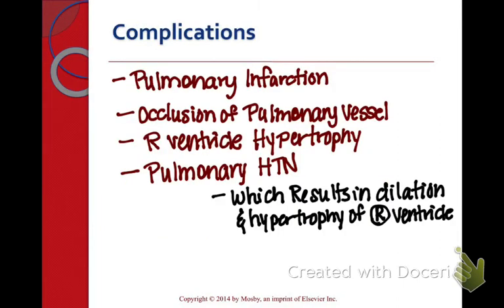What are the complications? Of course, pulmonary infarction, and we've already learned about infarction, right? So infarction is death of the lung tissue. If it's not getting the oxygen it needs, it can't perfuse. Another complication is occlusion of a pulmonary vessel, which can be the large or the medium pulmonary vessel. And then another complication is right ventricle hypertrophy.